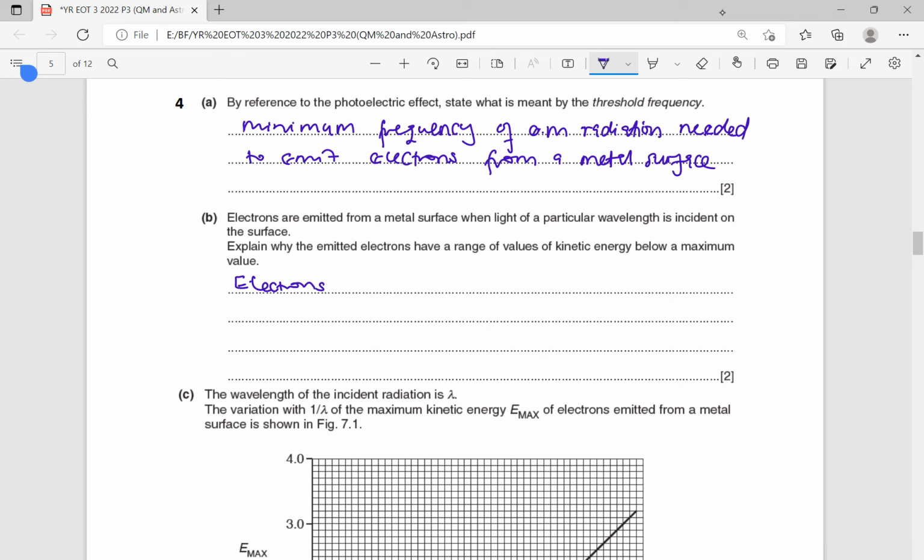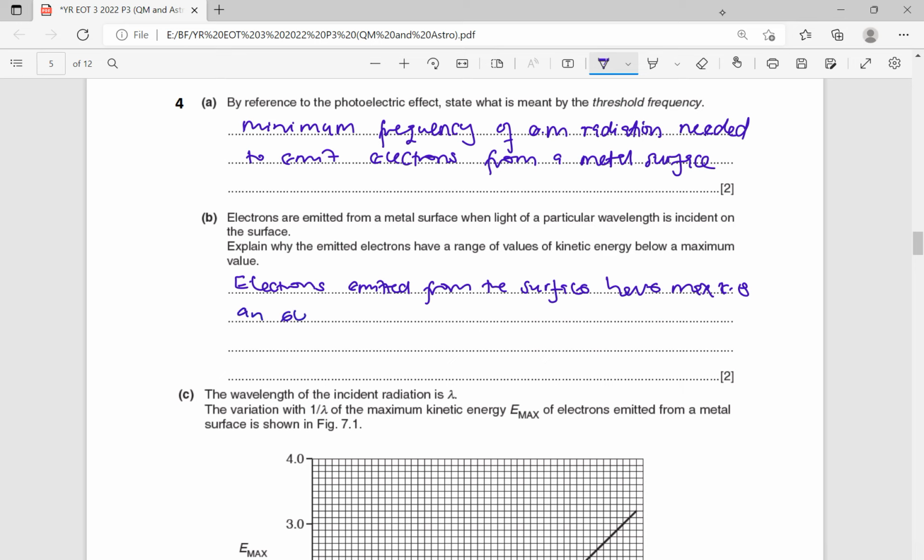Electrons emitted from the surface will have maximum kinetic energy because they require less energy to set them free. But an electron below the surface requires energy to bring it to the surface.